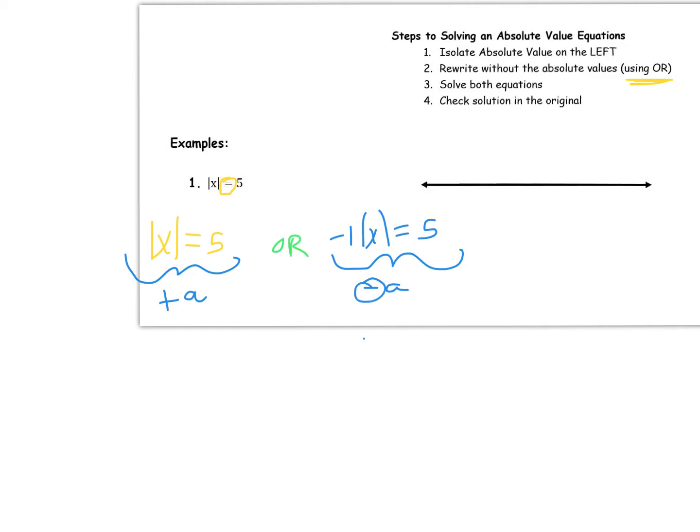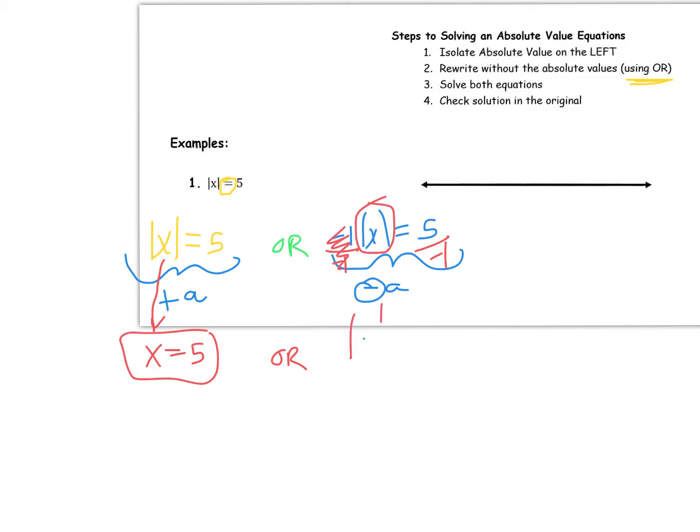Now that we've done that, we can take down the absolute value bars and start solving. I'm going to rewrite this with the bars down as x is equal to 5. Or, now with this, I have to divide by the negative 1 first, because I have to get this out of here before I can deal with the absolute value.